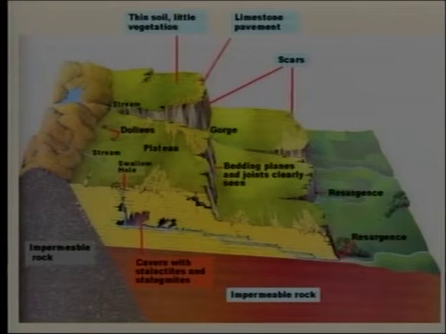In a karst scenery, there is usually an absence of surface runoff or rivers and streams. There are not a lot of rivers or streams likely to be found in such a landscape. Why?